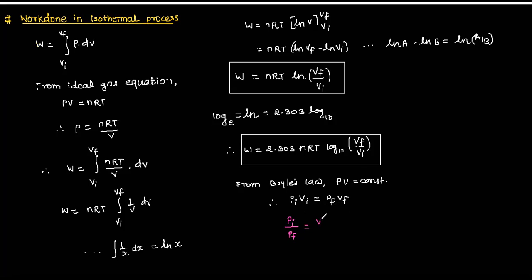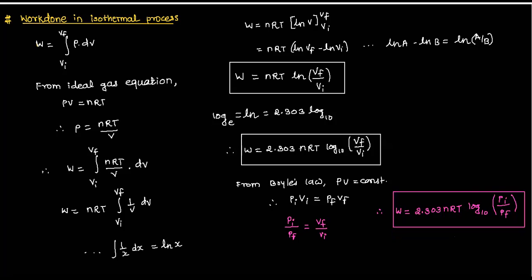If we substitute, therefore we are getting W is equal to 2.303 nRT log to the base 10 of, inside the bracket, at the place of Vf by Vi, we can substitute Pi by Pf. And therefore this is your work done formula in terms of pressure.